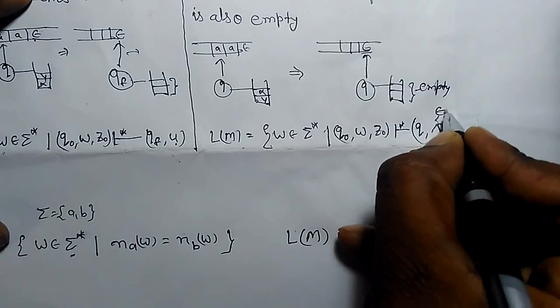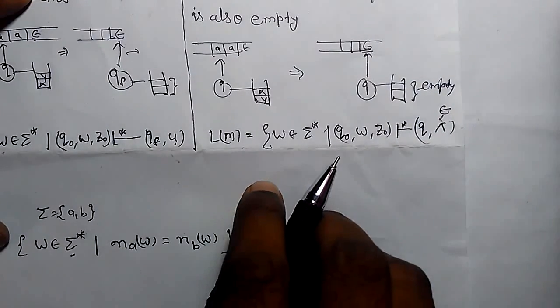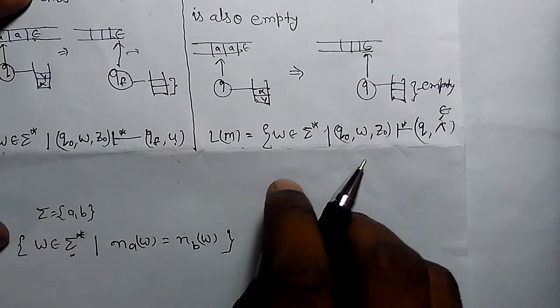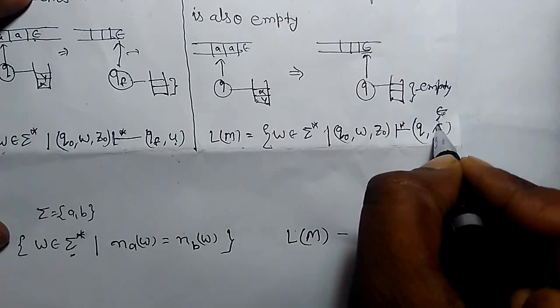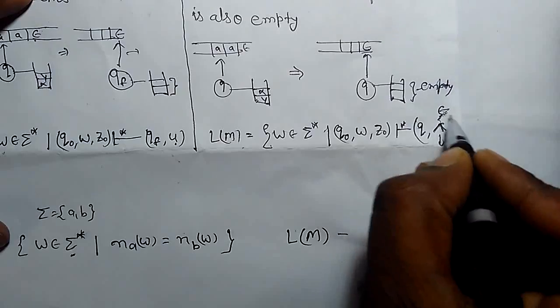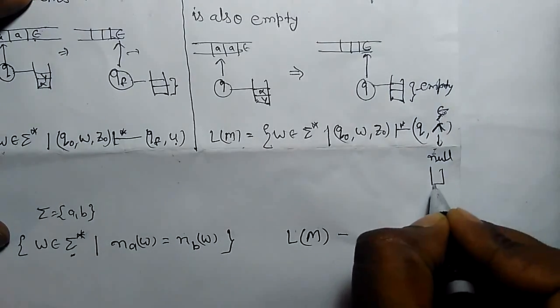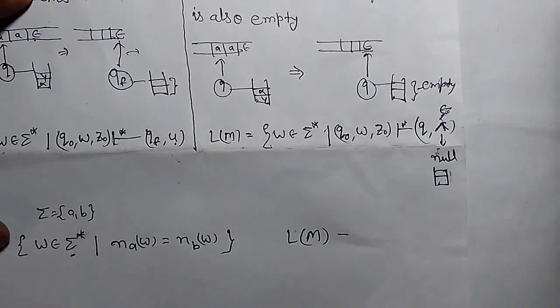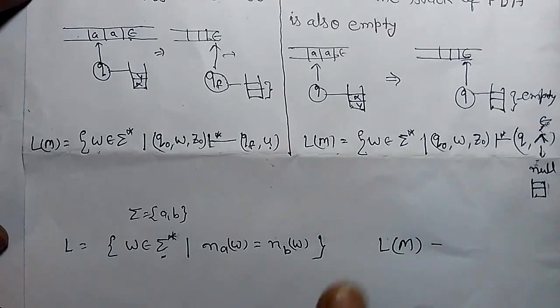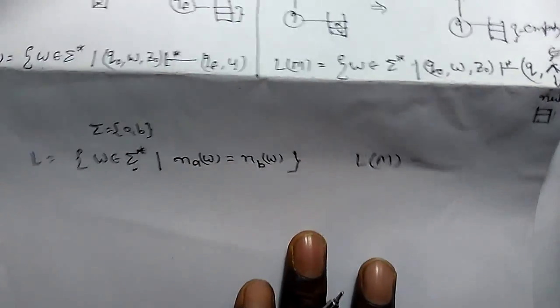That can also be represented as epsilon, or this is null. Nothing is in the stack. The stack is completely empty. These are the two definitions of final state acceptance and empty stack acceptance.